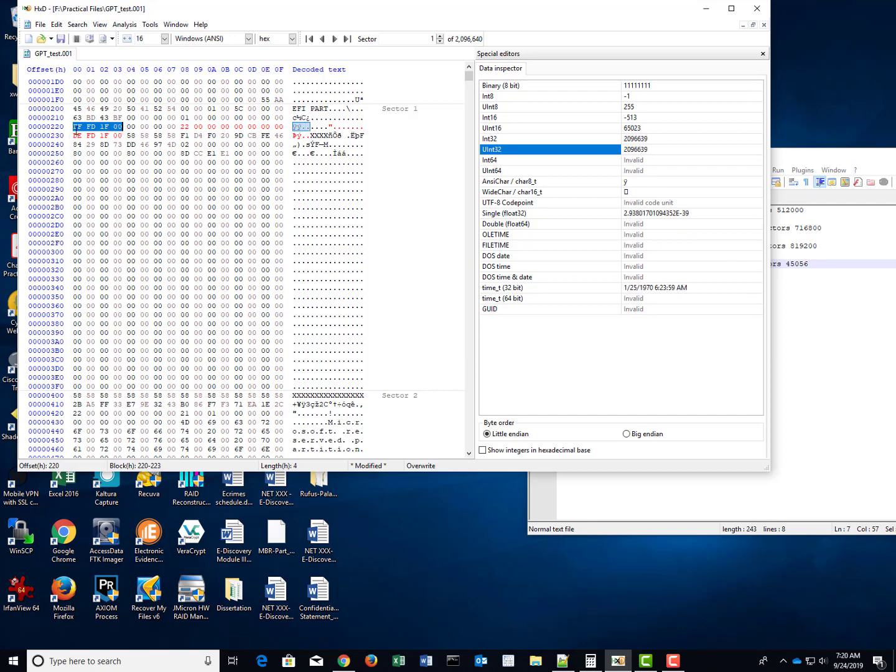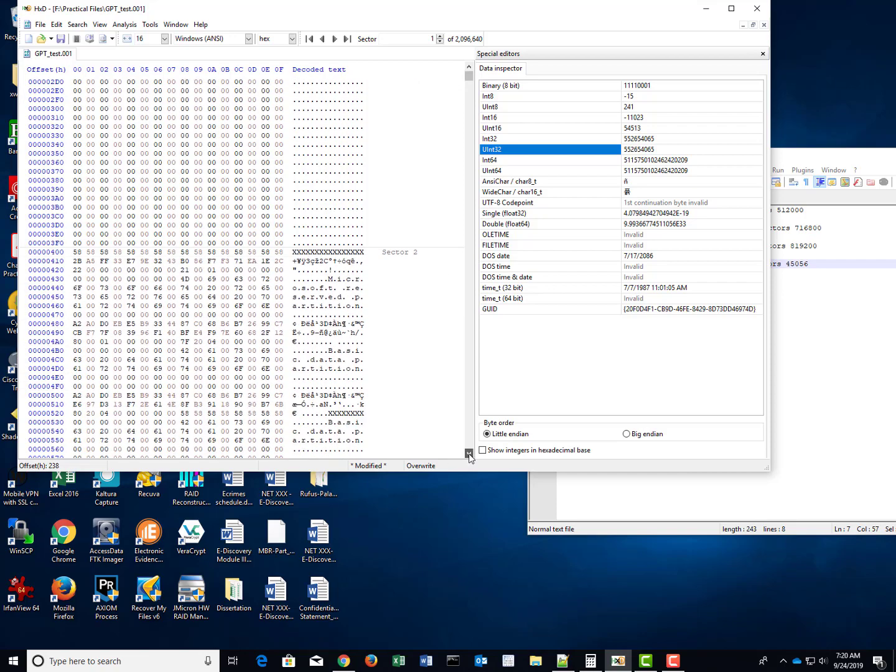If I'm subtracting 34 sectors from that, I end up with D instead of FF. It's DE FD 1F, and then pad the rest with zeros. So that's what's missing in the header.